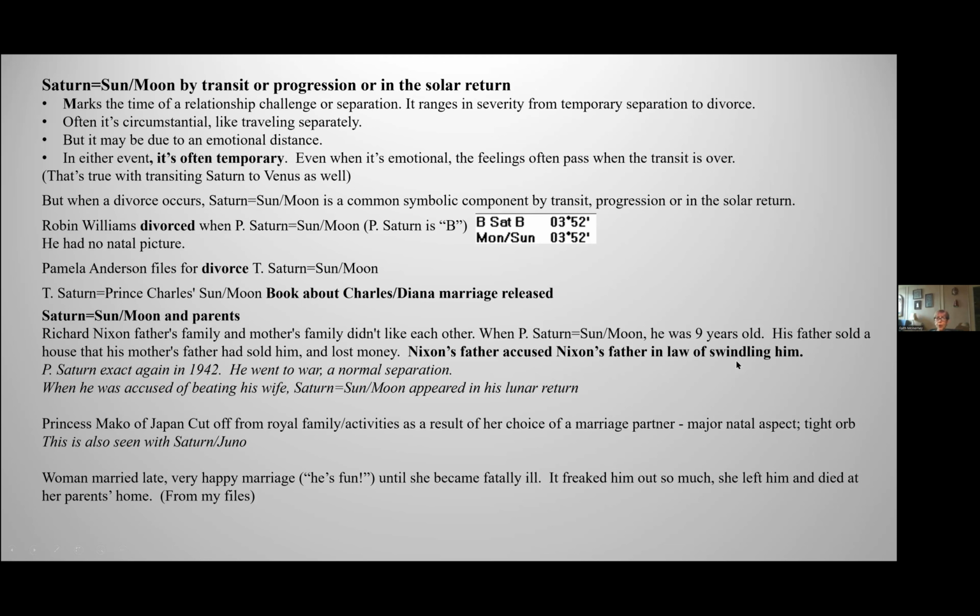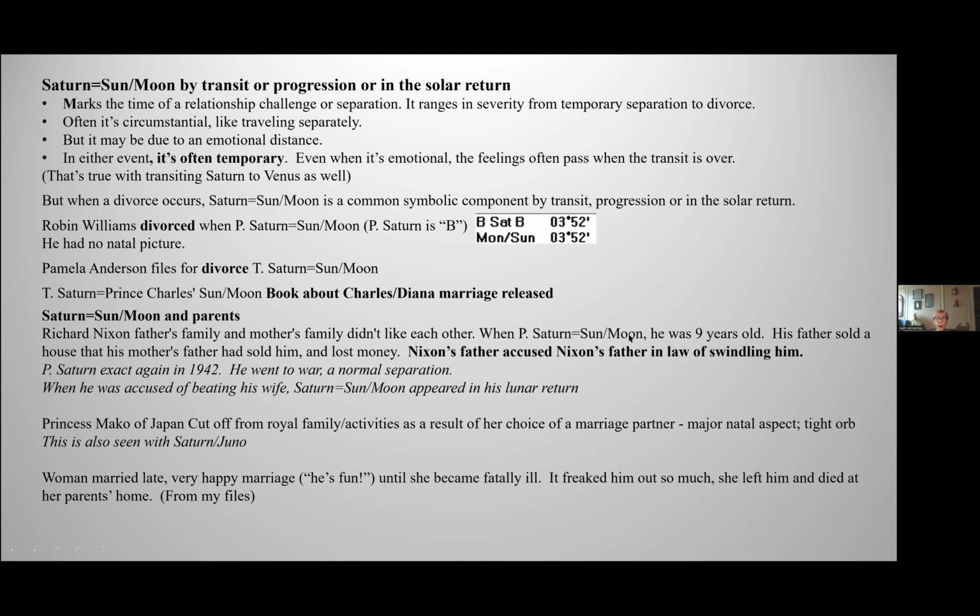When the progression was exact, when he was 9 years old, his father sold a house that his mother's father had sold him, and he lost money.